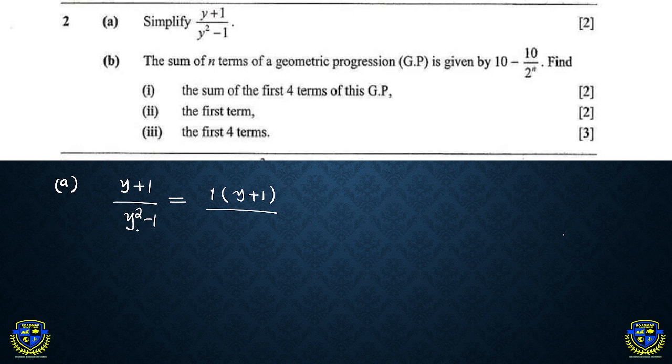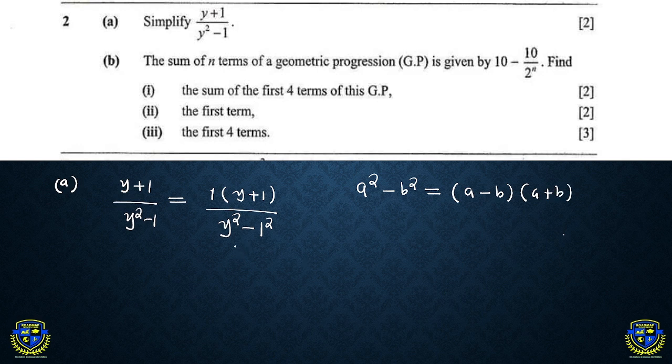And this one, since there is no common factor, and as we can see that the y is a square, then 1 also happens to be a perfect square. That means this expression can be written as y squared minus 1 squared. Take note, whenever an expression is written like this, it can be factorized in this manner: a minus b, close the bracket, then a plus b, close the bracket.